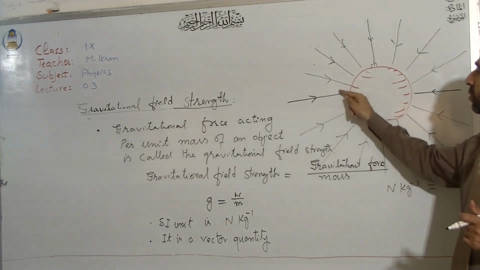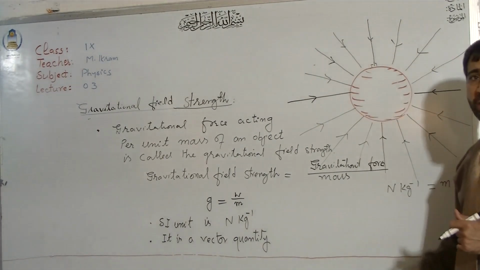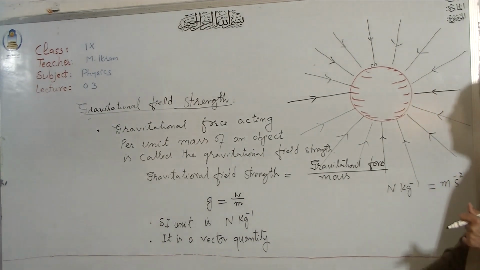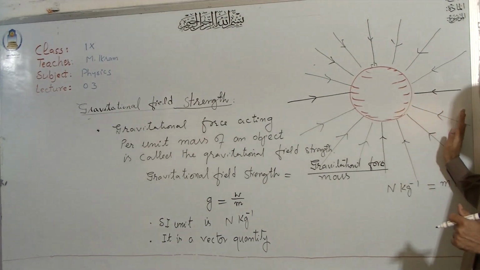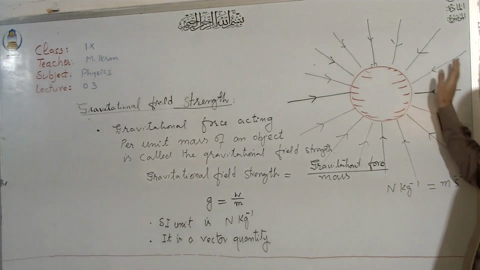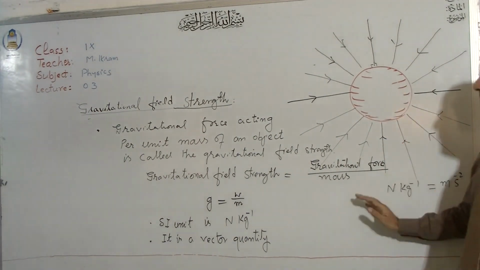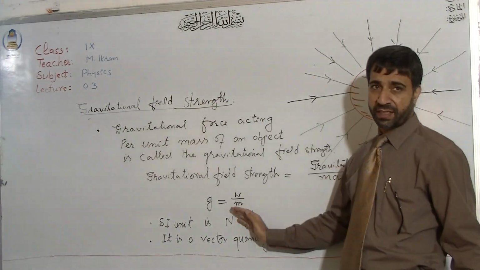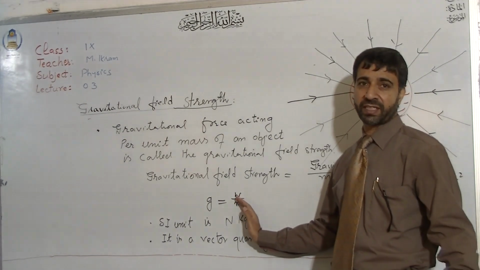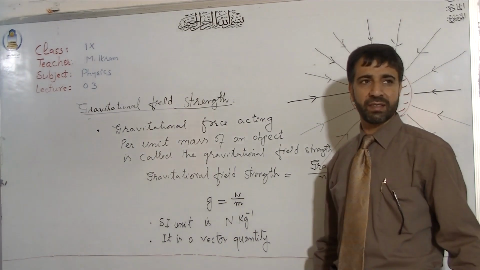Where the lines are closer, the field will be stronger. Where the lines spread apart, the field will be weaker, right? And as the distance from the body increases, the gravitational force decreases. And then there was the gravitational field strength. I told you all about the gravitational field strength also.